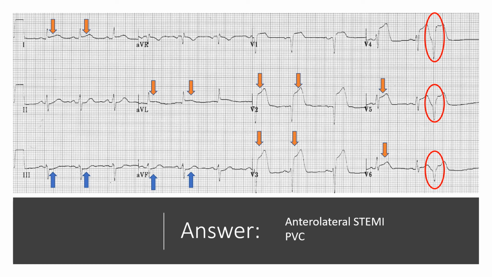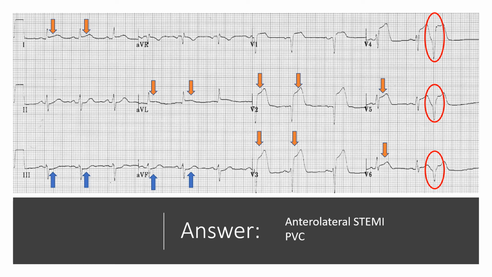So they are seeing the ST segment elevations as ST segment depression. These ST segment depressions in leads 2, 3, and aVF are kind of like a mirror image or opposite from where they are located.